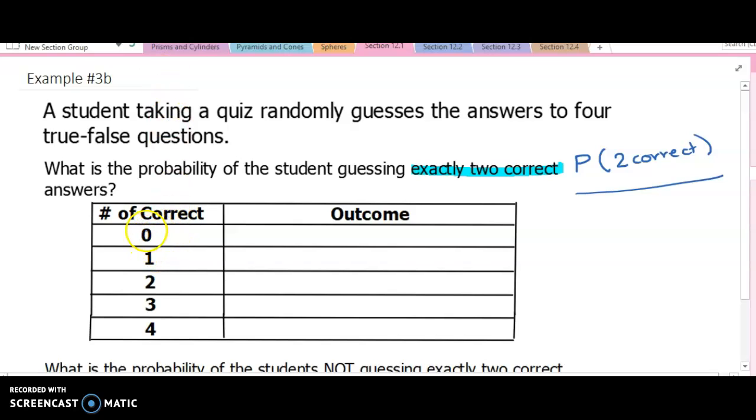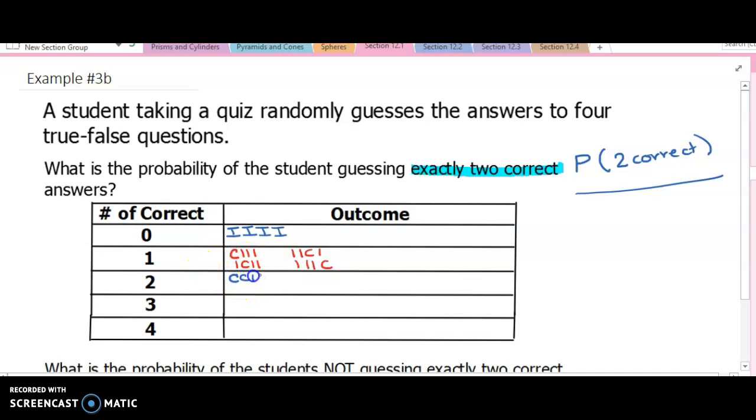So if they answered 0 correct, that means the first is incorrect, second is incorrect, third is incorrect, and the fourth is incorrect. If they answered 1 correct, maybe the first one was correct. Maybe the second one was. Maybe the third one was. Or maybe the fourth one was. Well, maybe they answered 2 correct.